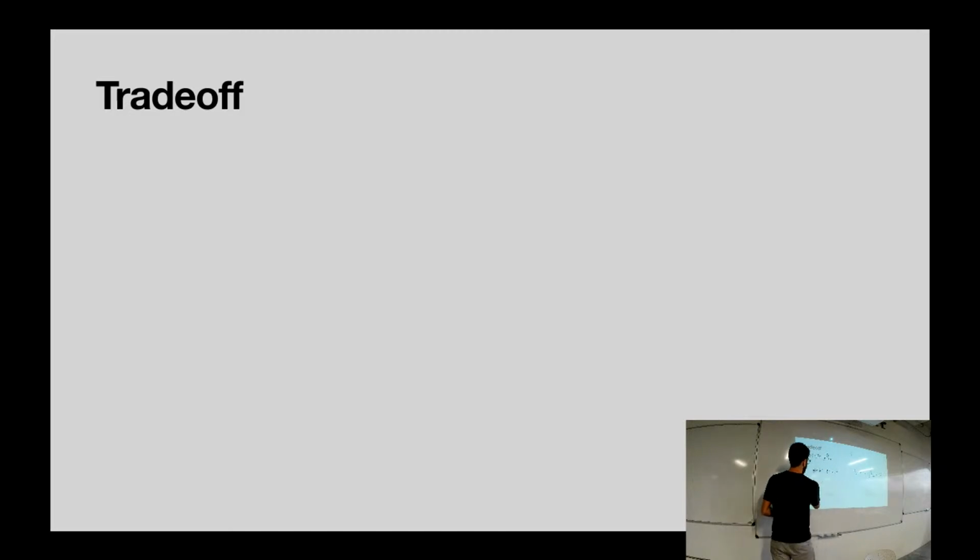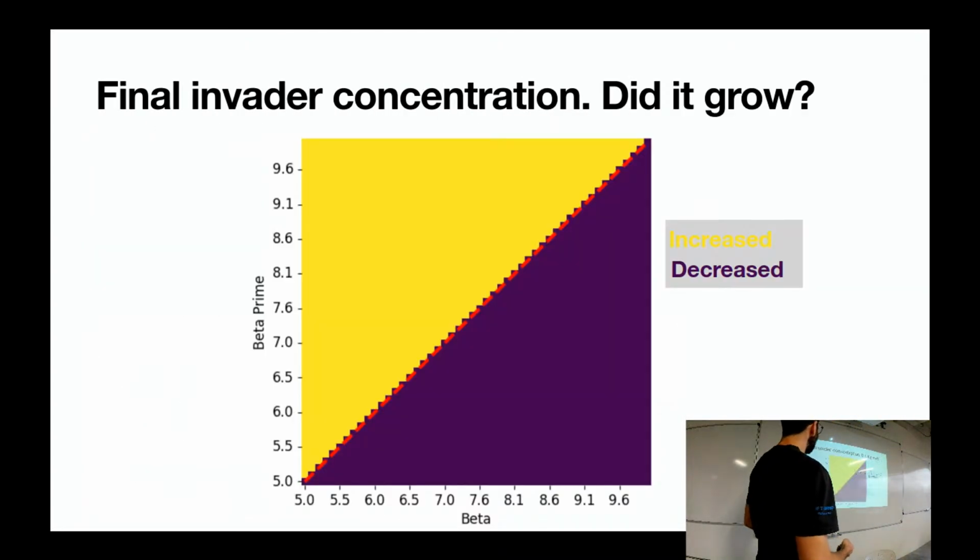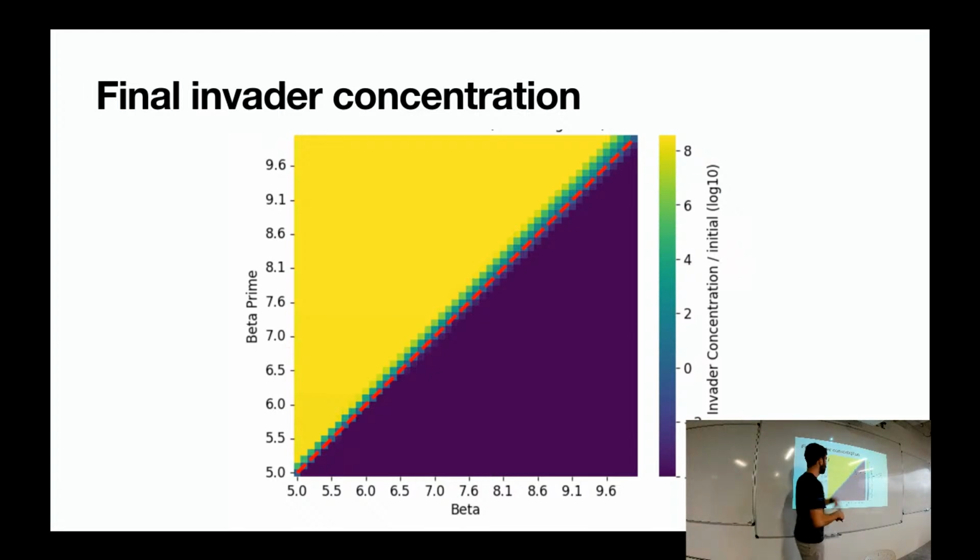And what we can plot is the same plot as before. You think about what we did here: in this plot, we were looking at exactly this quantity, and in this case, this quantity was beta prime minus beta. So you see that here you have beta prime equal to beta.